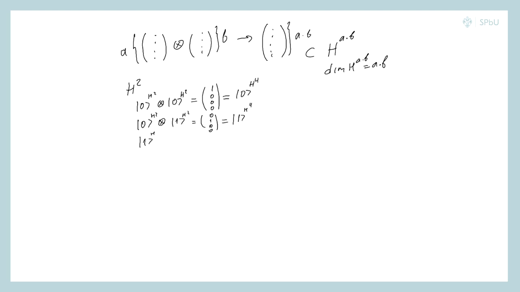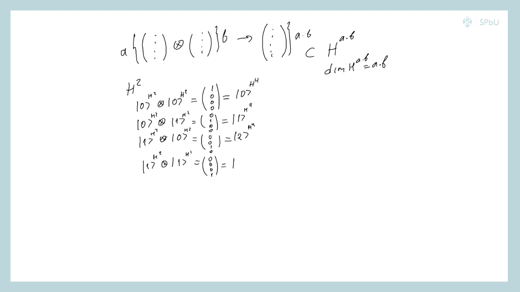State 1 of H2 multiplied by state 0 of H2, this is the vector 0, 0, 1, 0, can be denoted as state 2 of H4. And finally, the tensor product of the state 1 from H2 and another state 1 from H2 is the vector 0, 0, 0, 1.